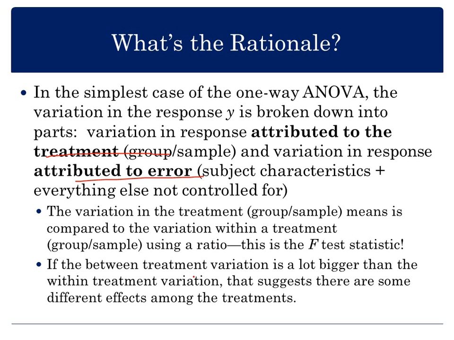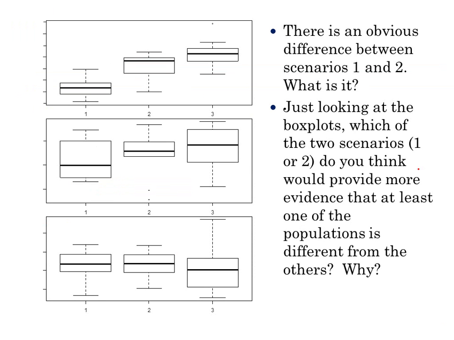It turns out using a ratio in this case works really well, because if this between group or treatment variation is a lot bigger than the within group variation, that suggests that the treatment is causing subjects' responses to fluctuate, or it's associated with it. I shouldn't say cause, because it depends on the design. So what do I mean by that?